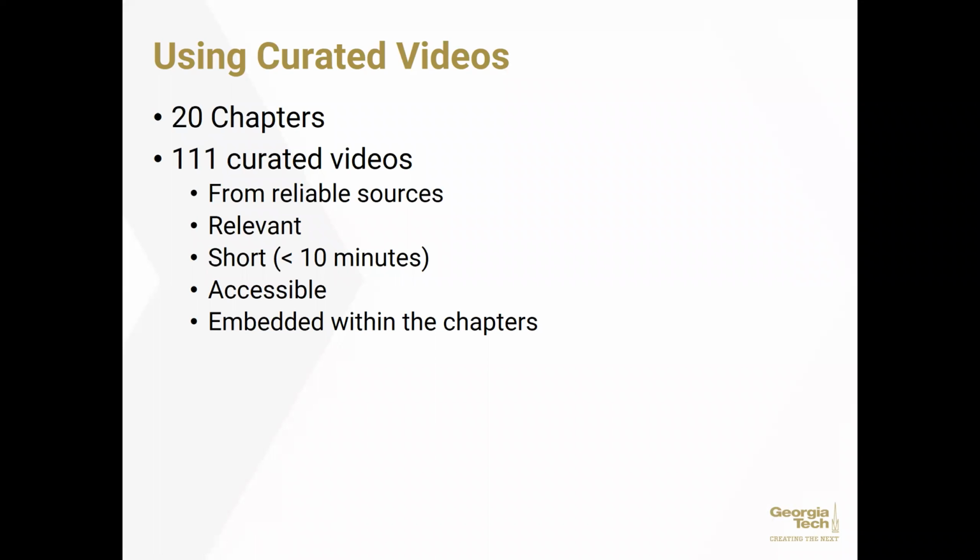We also make sure that we only use very short videos, no more than 10 minutes long, and they are accessible. That means that all the videos offer auto captioning, and we embed the videos within the chapters so that students do not have to navigate away from the chapters in order to watch the video.